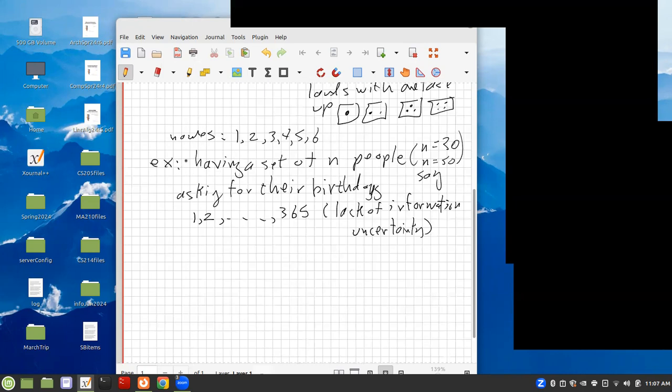Okay, so those are probability experiments, and what we do is build a mathematical model of these experiments, because these are things in the real world. Each experiment has a set of defined outcomes.